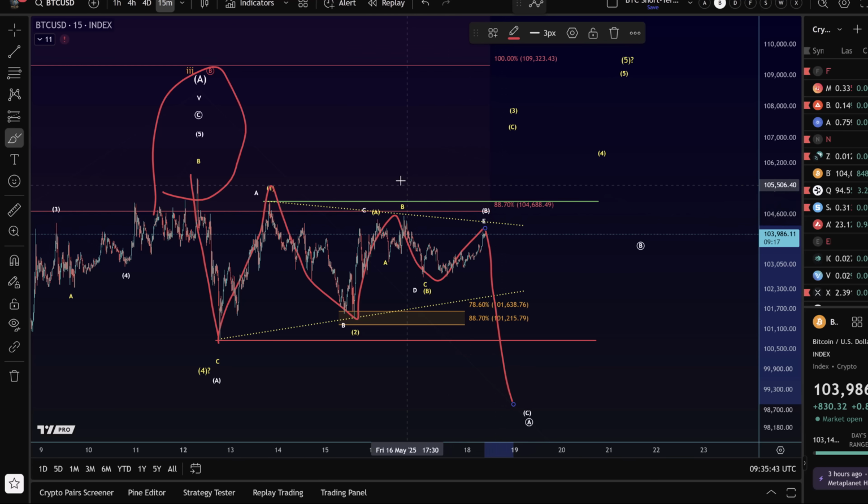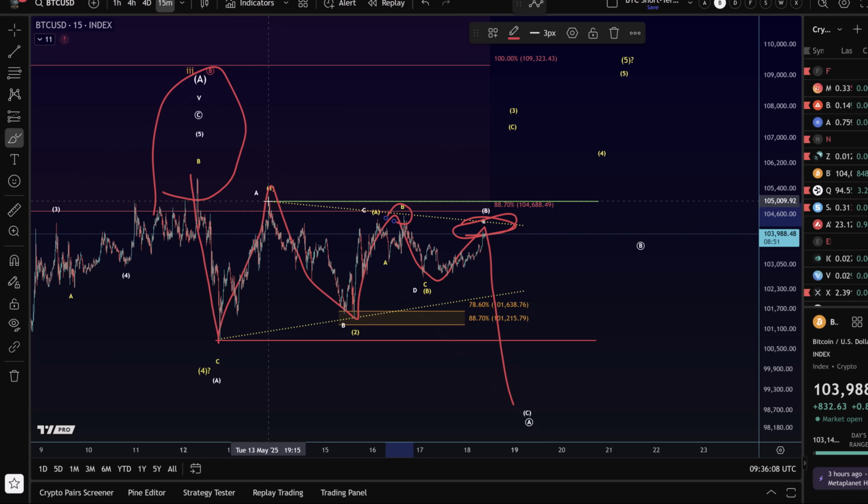To keep a triangle pattern like that valid, the E wave, which is this one, the last wave up of the triangle, potentially, okay, don't know that yet, but the E wave must hold below the C wave high, which formed here around 104,550. A break above it would still be possible in a triangle, but then the labeling will change.